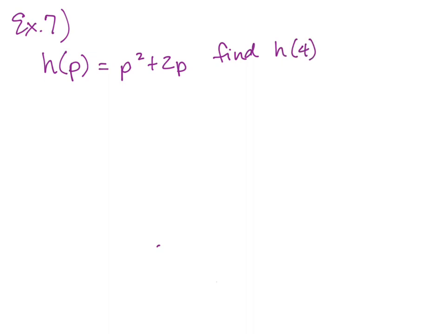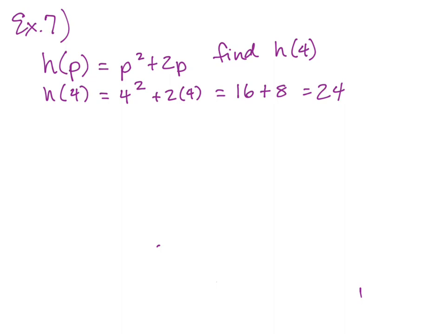Find h of 4. So what are we going to do? Yeah. We're just going to plug in 4 for p and see what happens. 16 plus 8 is 24. So h of 4 equals 24.